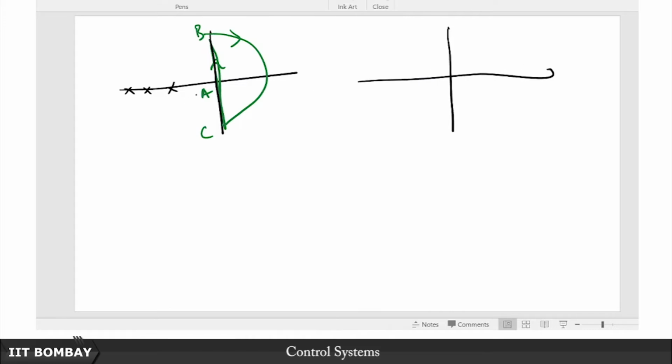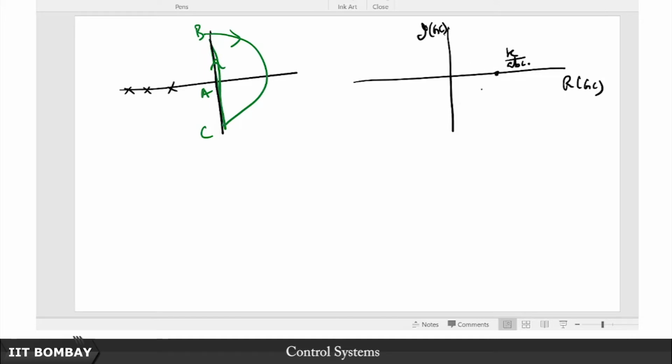So what happens at the point A? Well, I know that at the point A the phase contribution of all of these poles is 0, and I know that it starts from somewhere over here, which is basically given by K upon ABC, that is the real part of GC, this is the imaginary part of GC.